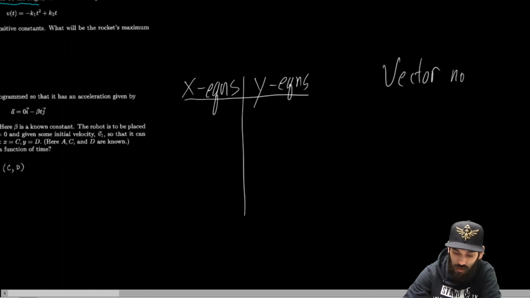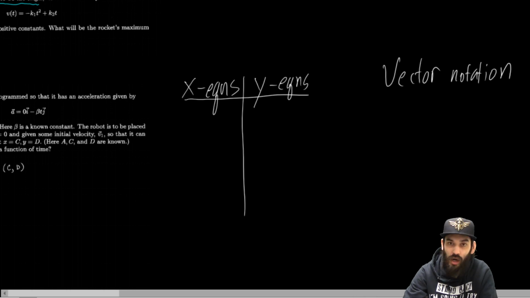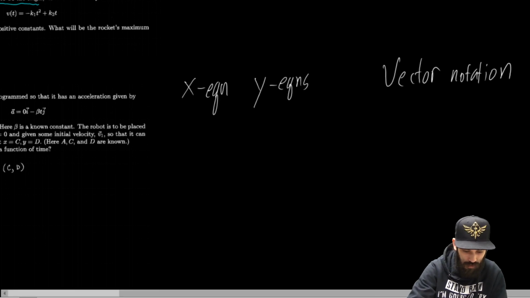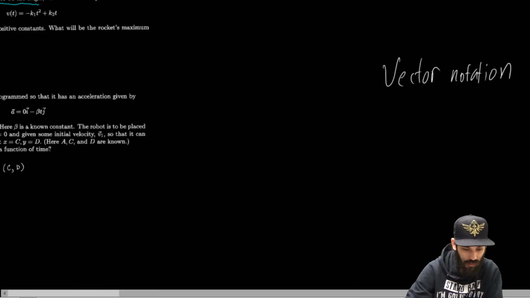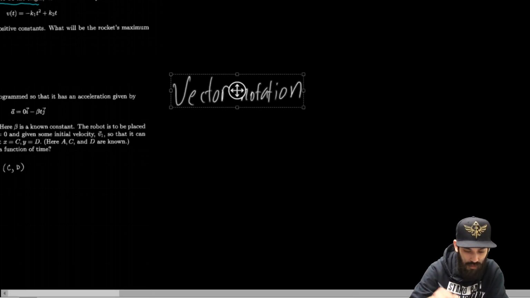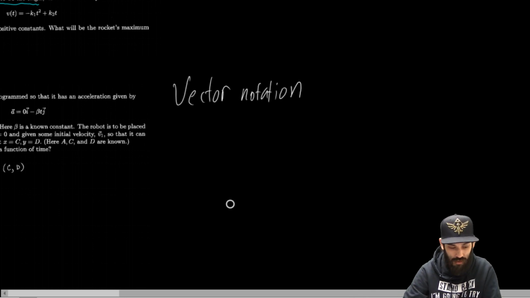Now, I'm going to opt for doing this problem in vector notation. Since it's already written in terms of vector notation, why not use it the way that it's written?